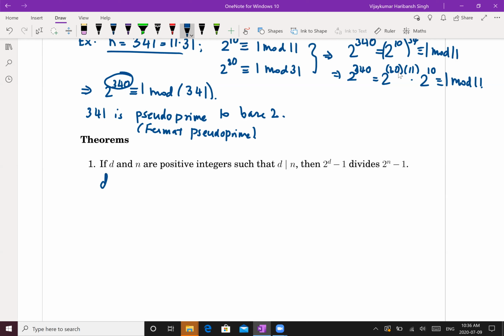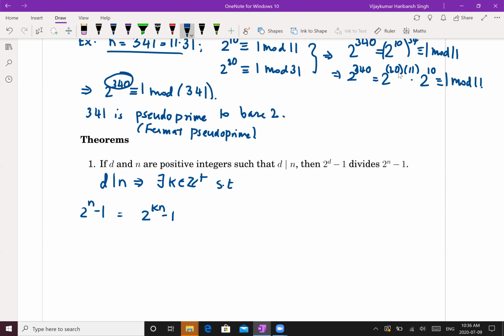So d divides n, this implies there exists k, and k is positive, because d and n are positive, such that dk equals n. So then we have 2 to the power n minus 1 can be written as 2 to the power dk minus 1.